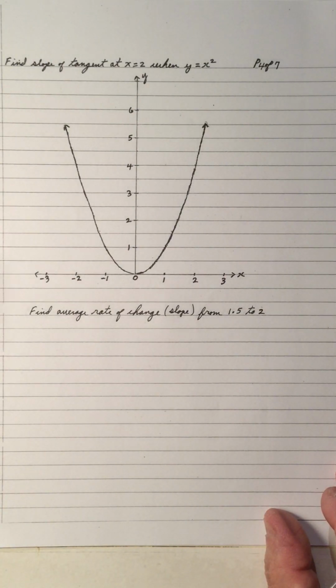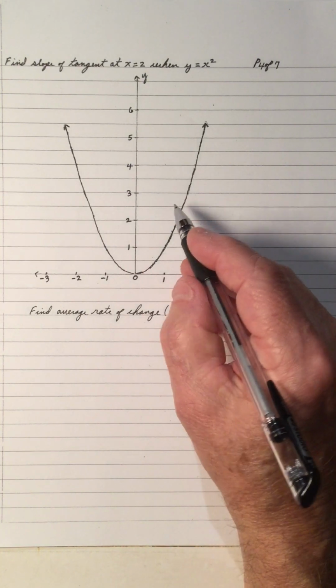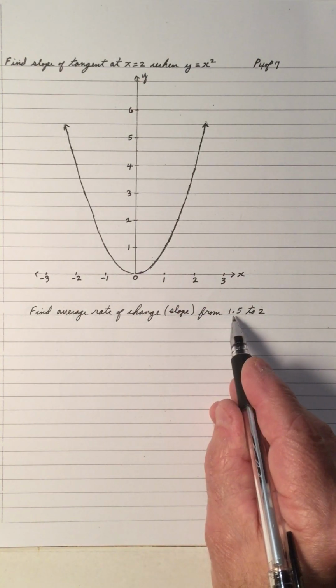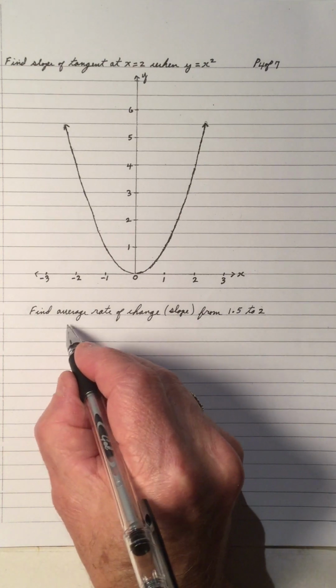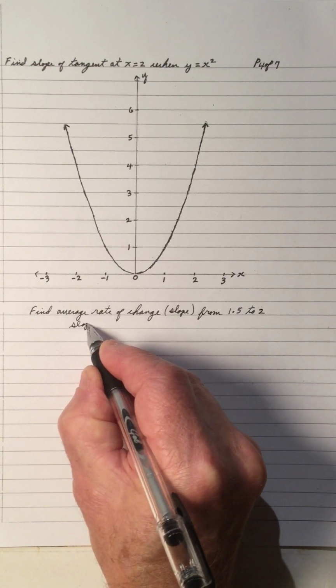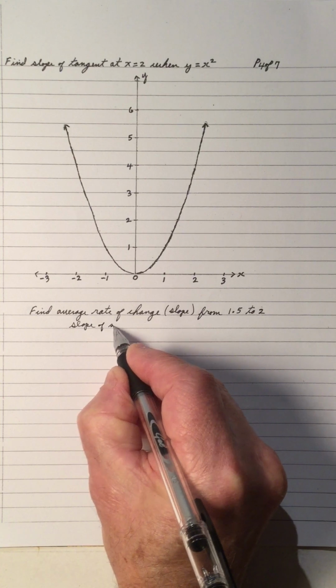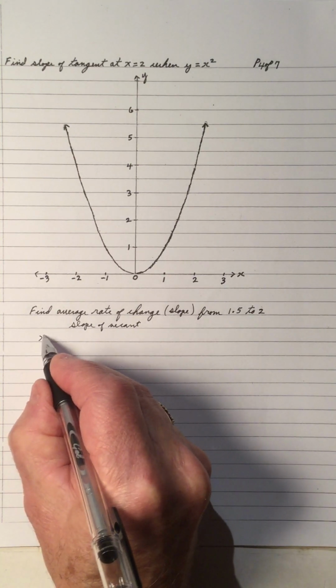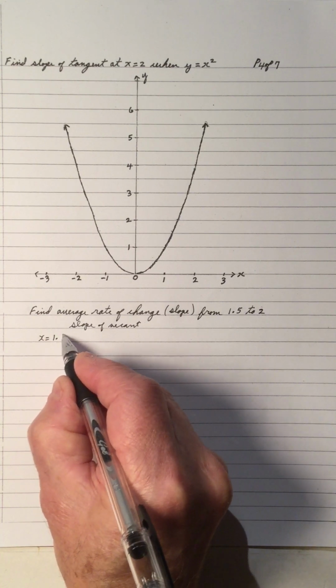So now we're going to look at the same parabola, the average rate of change of the slope from 1.5 to 2. Again, we're looking at the slope of the secant, which is a line that passes through a curve at 2 points. So x is 1.5.